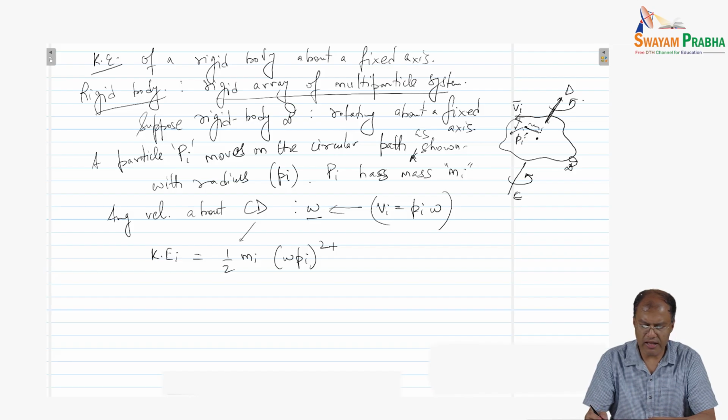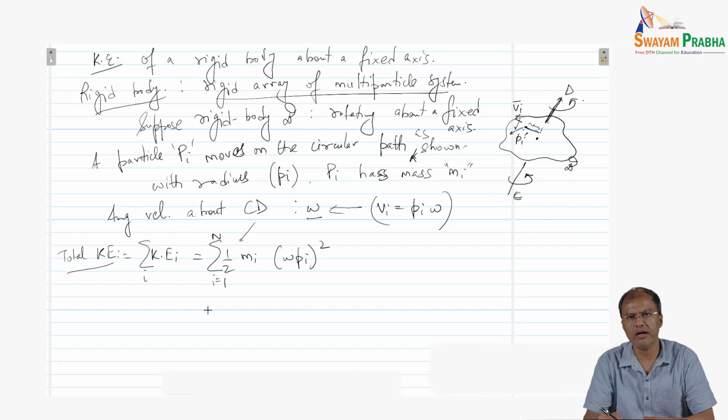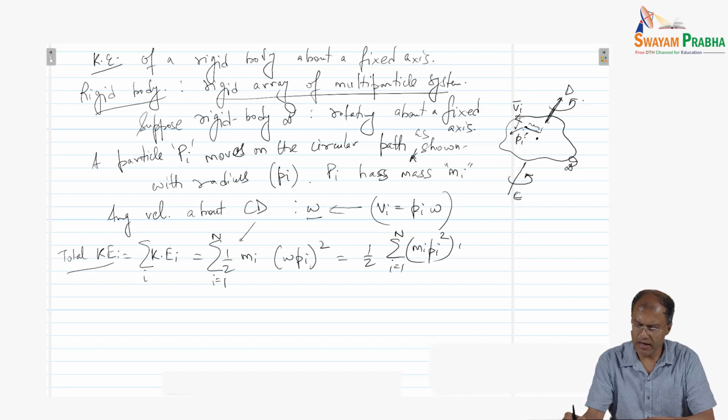And from here I can sum up the total kinetic energy, summation over i from 1 to n, where 1 to n is the set of all particles. So half Mi omega square ρi square, and this is going to be half summation i from 1 to n Mi ρi square, times omega square.